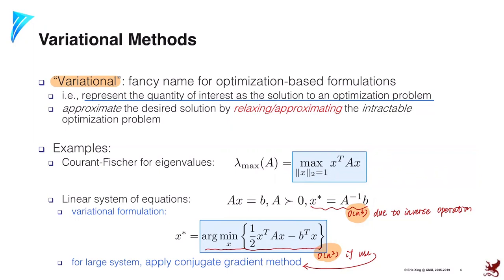So the reason why we want this variational formulation after we have the closed form solution is that in the closed form solution, due to this inverse operation, the complexity would be big O notation n cubed. But for the variational formulation, if we apply a conjugate gradient method, which is a certain method to solve this optimization problem, then we can achieve n squared complexity, which is more efficient compared to the closed form solution.